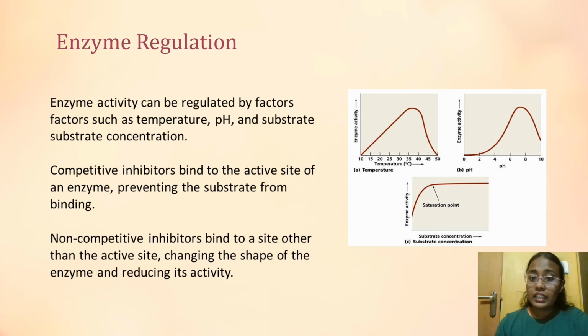Whereas in the pH versus enzyme activity graph, the enzyme activity gradually increases with the increase in pH, reaches a point, and then starts reducing once it reaches a certain pH level.